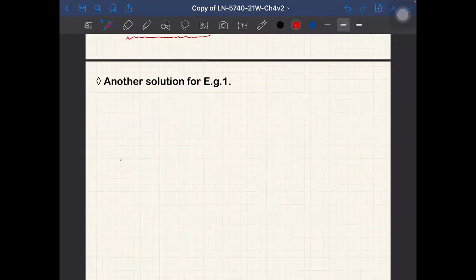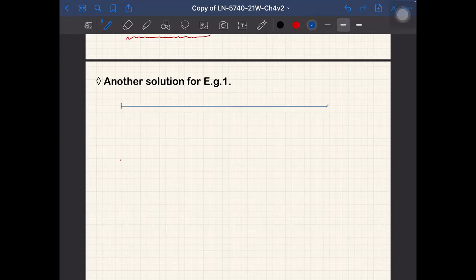We have another way to solve this example 1. Basically, this is a more plain way to solve the question without using any formula. We have 30 years of payments, and we can calculate the present value for each payment. Then after that, we can take the summation. So always we can use that method to solve the question.